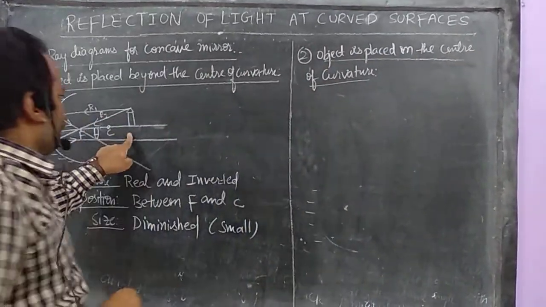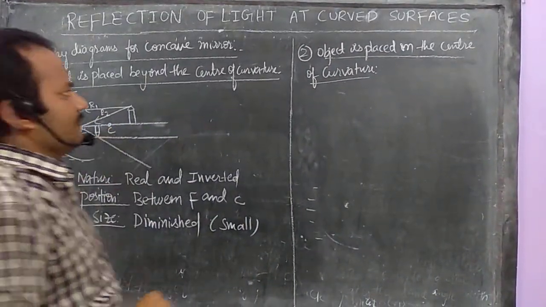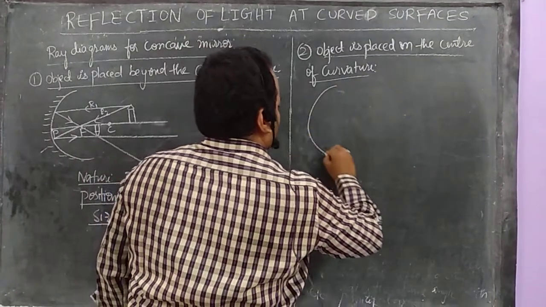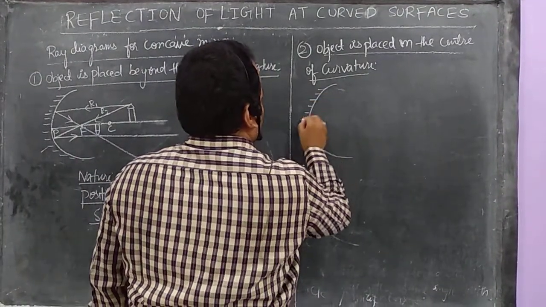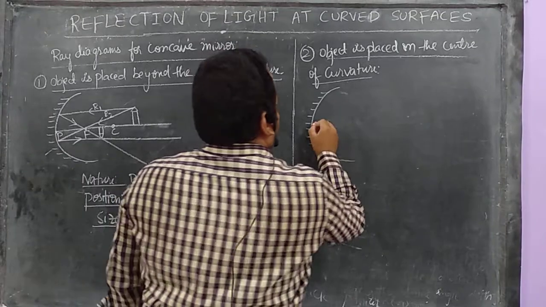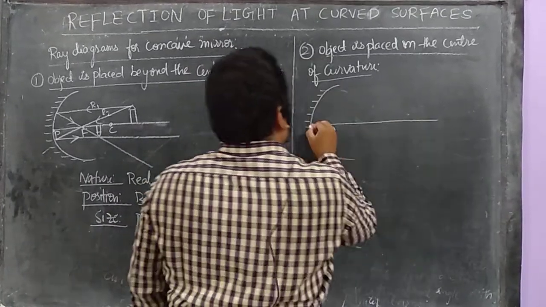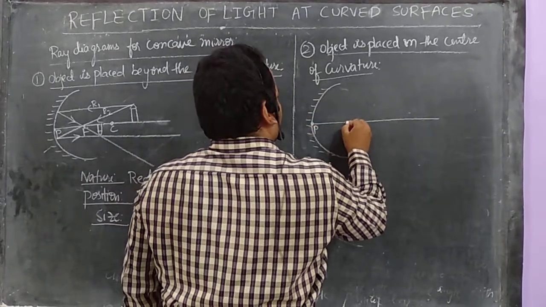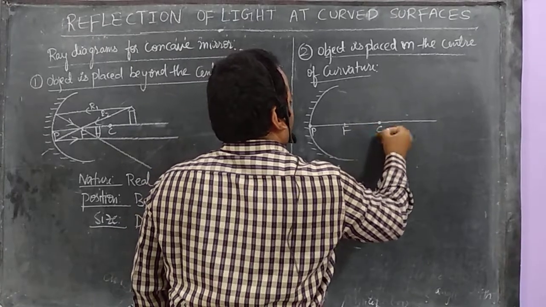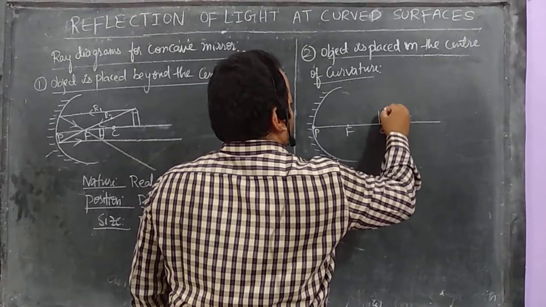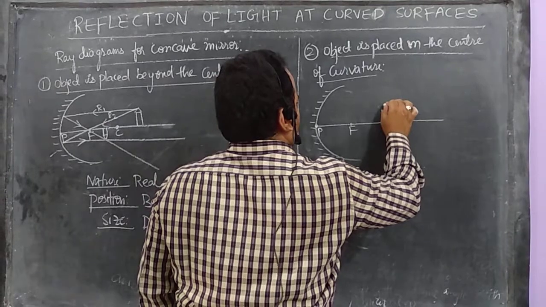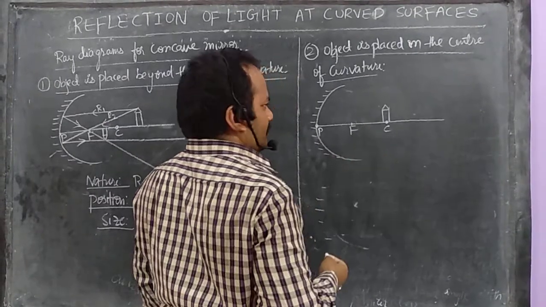Now, in the first case we kept the object beyond C; in the second case we will keep the object on C. Draw the concave mirror, draw the principal axis, mention the terms pole, focus, center of curvature. Yes, now I mention the object on C.